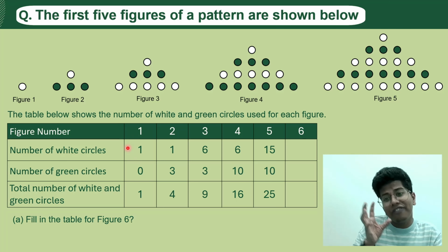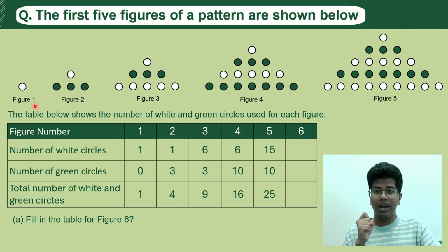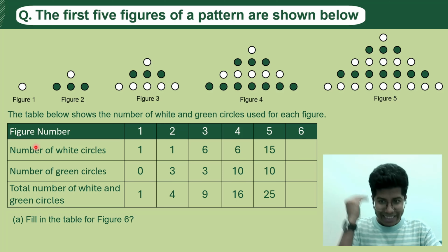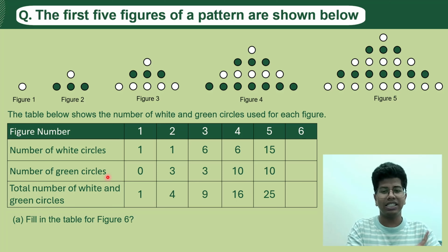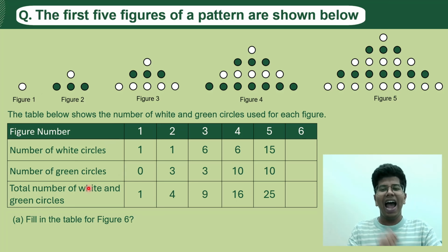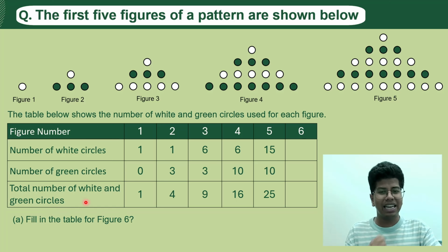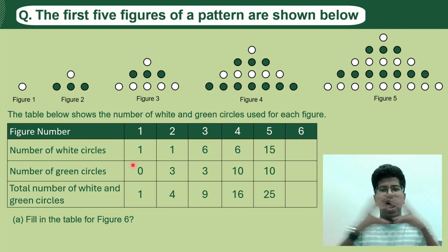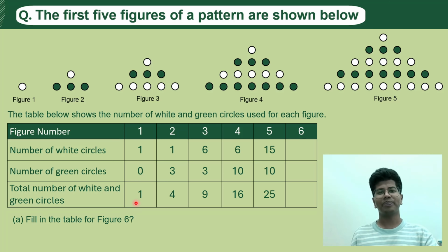You can also check the figure to understand. In figure 1, there is only 1 white circle. Then number of green circles, in figure 1 it is just 0. Figure 1 has no green circle. And the total number of white and green circles is the number of white circles and green circles added, which is 1.